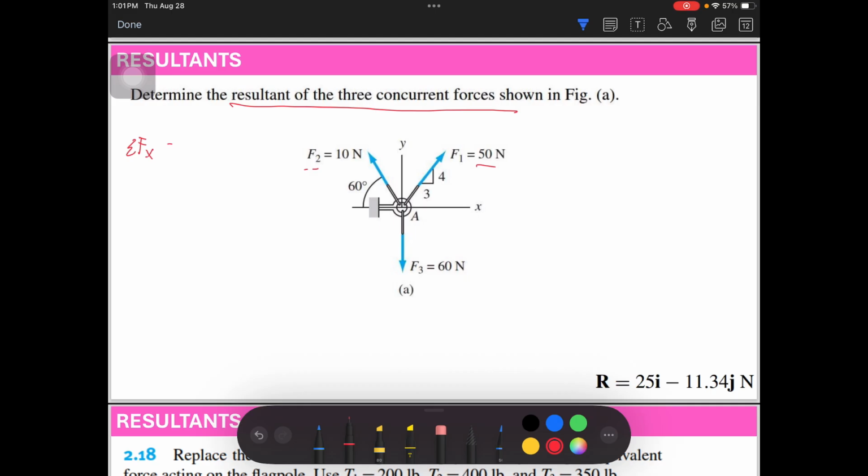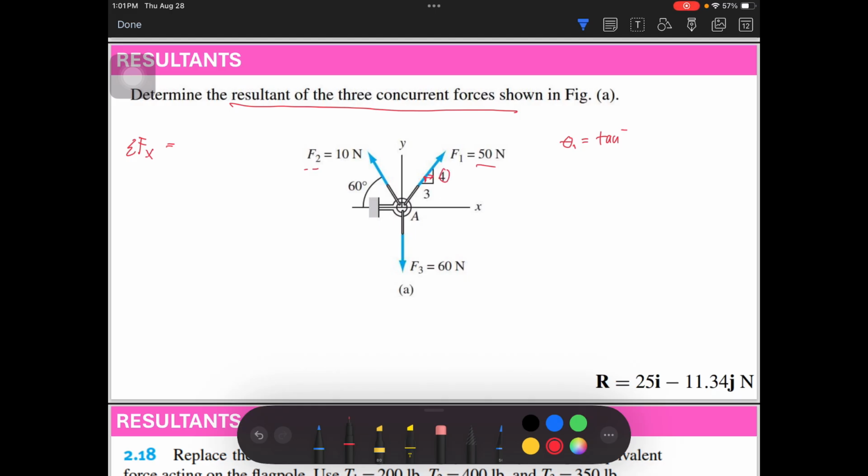So, summation of Fx. So, for F1, naka-incline siya and slope ang binigay. So, kunin mo muna yung angle using the slope. So, how do you get the angle? Ang kailangan mo angle is this one, no? So, angle of force 1 is equal to, syempre, tangent yan. So, arctangent. Ano ang opposite? It's 4, diba?